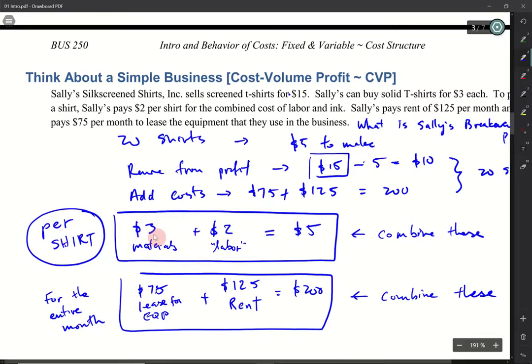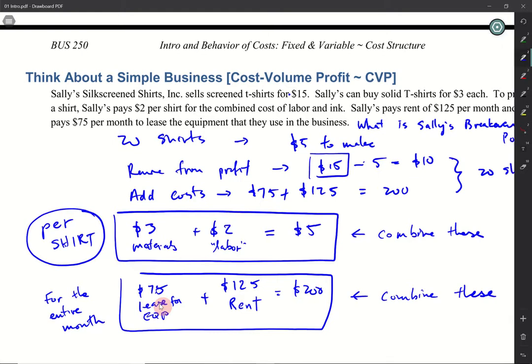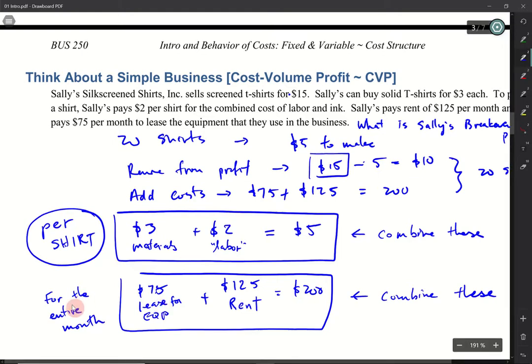Okay, so there are other costs like this that are more related to the shirt. And obviously, we just talked about rent and lease, but there's insurance, policy premiums, other kinds of costs, right, that are like this, okay? And so these are just examples of a larger category of costs, right?